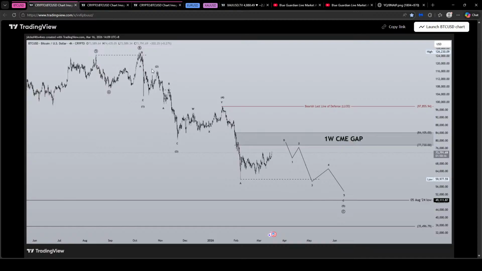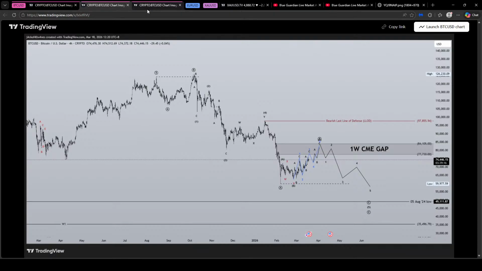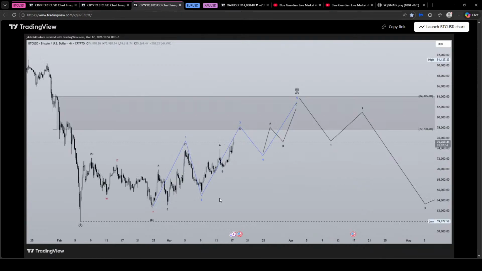So 1, 2, 3 for wave 1, 1, 2, 3 for wave 3, 1, 2, 3 for wave 5 of C, meaning I'm still expecting that the market will break the February low using 5 waves down. The price back then was still at 73, and then I gave an update. The update is like this: A, B, C, where C is an ending diagonal.